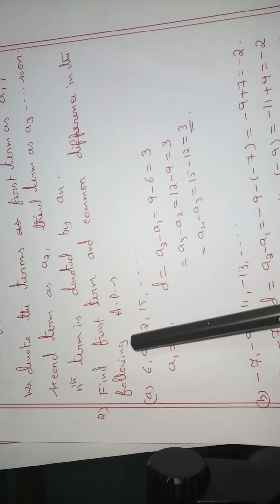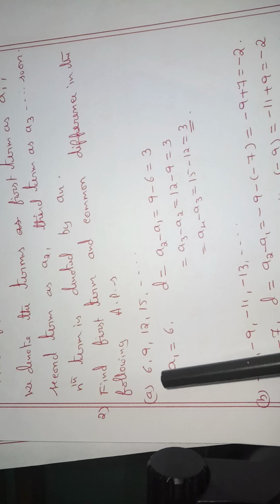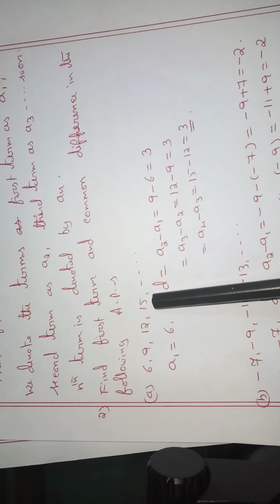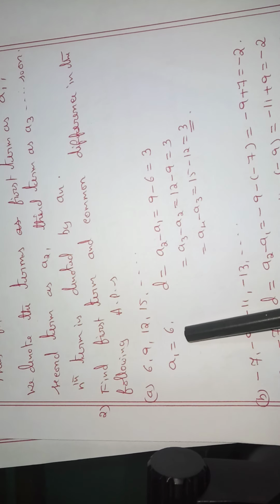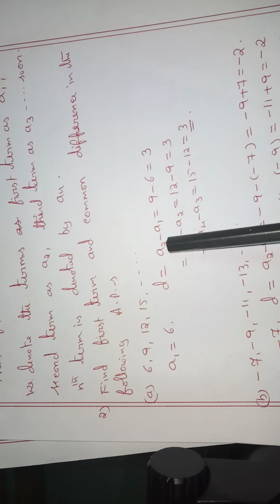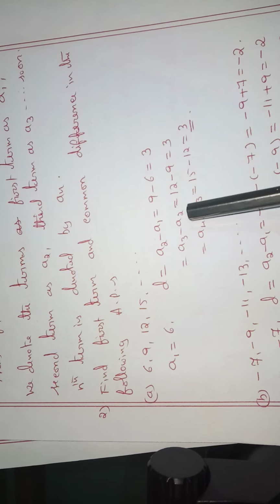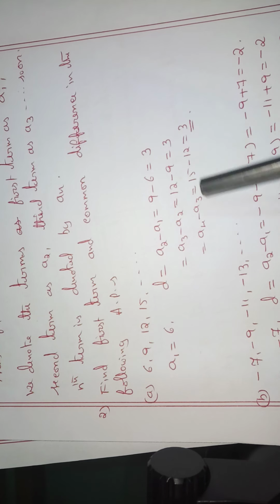Then we solved sums to find first term and common difference. Again, same example. 6, 9, 12, 15. Here first term is 6. Common difference, how to find? Second term minus first term, that is 3. Third term minus second term is also 3.